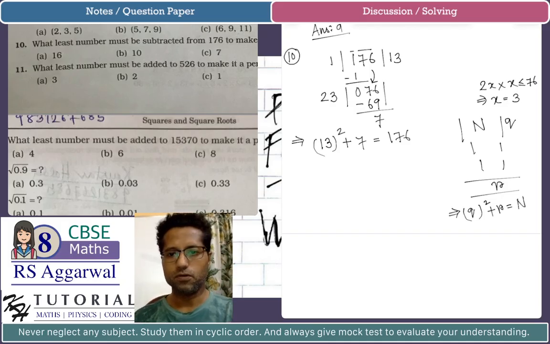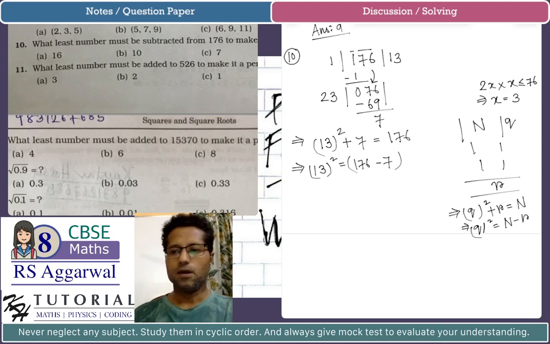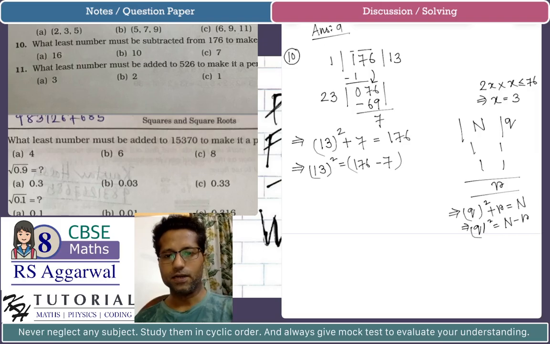So q square is equal to the given number minus the remainder. For this problem, 13 square is equal to 176 minus 7. So 176 minus 7 will definitely be a perfect square.